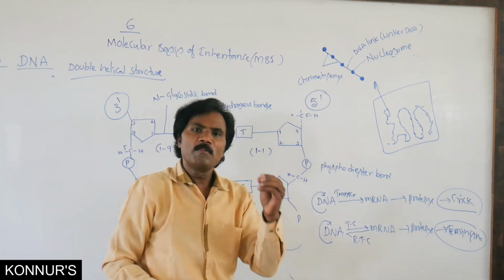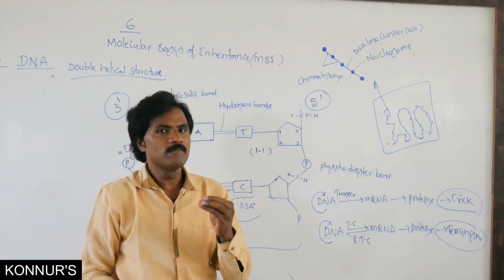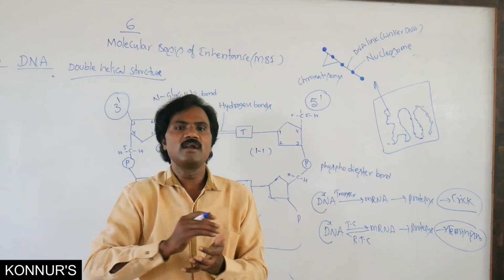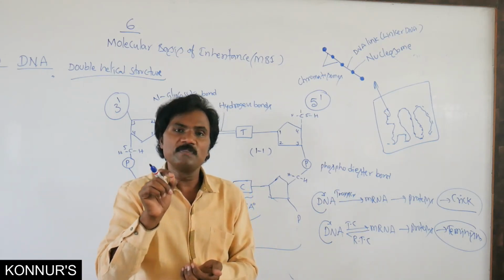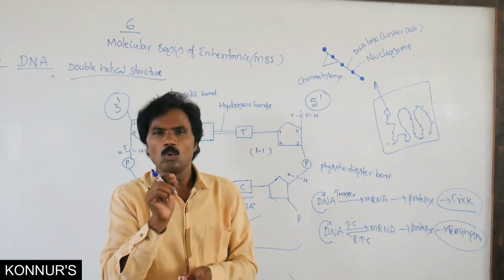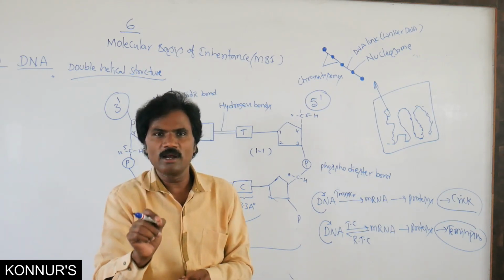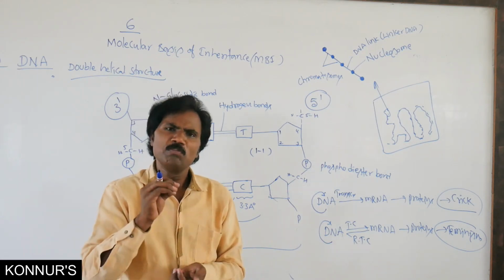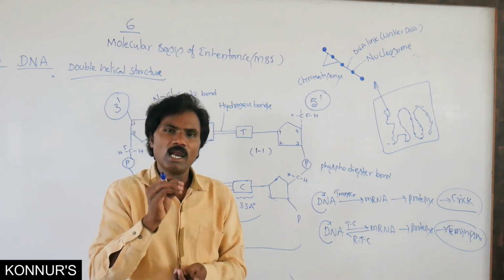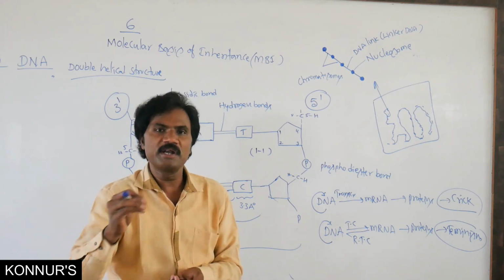Then what is microsatellite DNA, and what is minisatellite DNA? Microsatellite means 1 to 6 base pairs repeatedly present; that is what we call microsatellite DNA. Minisatellite DNA has 11 to 60 base pairs repeatedly present.